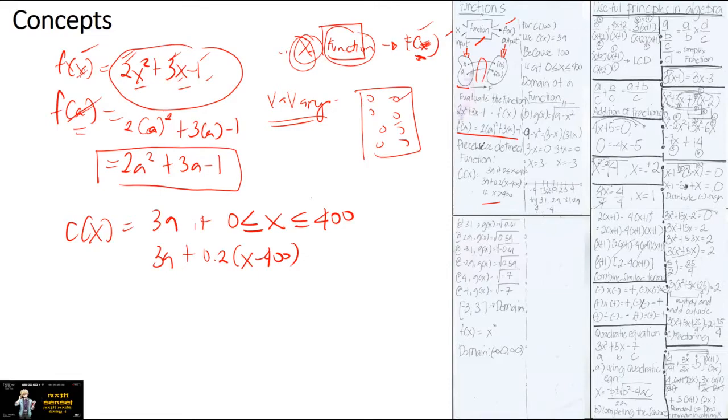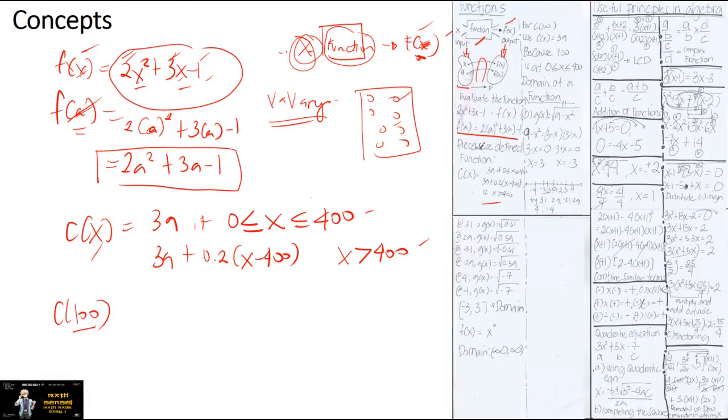Sabi, ito pag x is greater than 400. Halimbawa kung x is 100, kung ano yung value ng x mo, mamili ka lang kung alin sa dalawang equation, depending kung papasok ba dun sa dalawang condition.